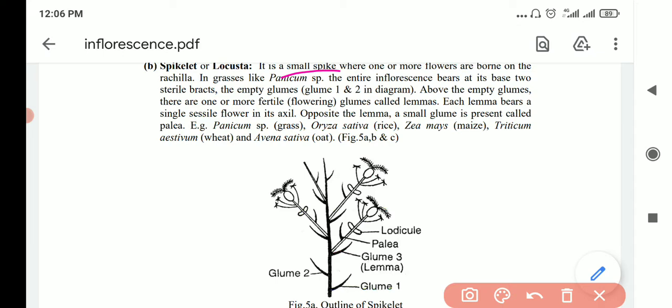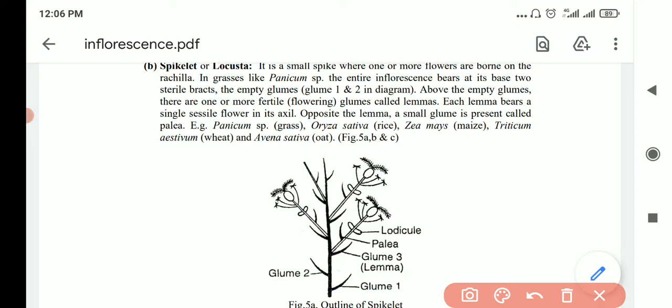It is a small spike where one or more flowers are borne on the rachilla. In grasses like Panicum, the entire inflorescence bears at its base 2 sterile bracts, the empty glumes. Above the empty glumes are one or more fertile glumes known as lemma. So a fertile glume is also known as a lemma.